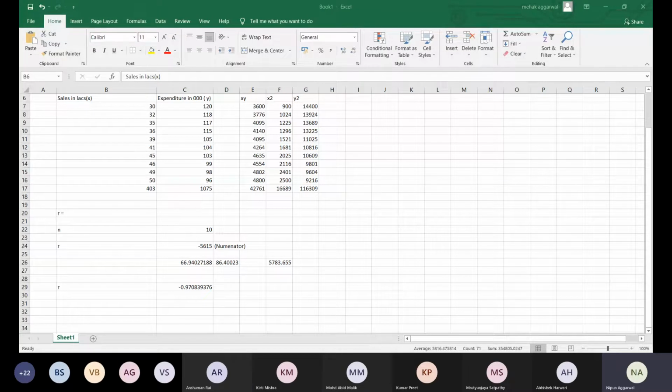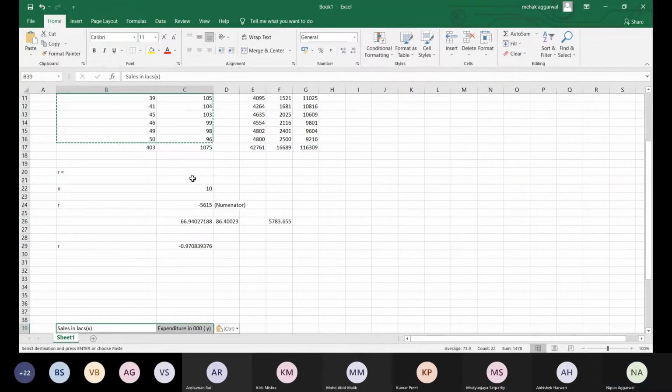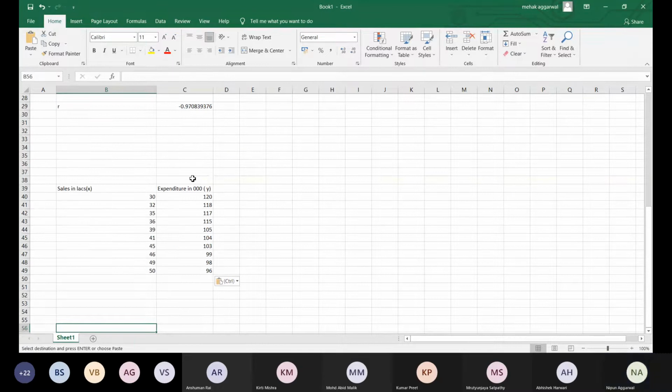Okay. So the next is, now we have done all the calculations through Excel, but if we have to do our calculations in manual mode, suppose this will be the data. Let's take another example. The figures are big, so again the calculations are difficult maybe.